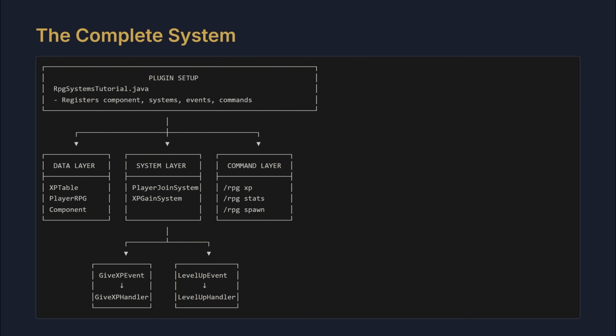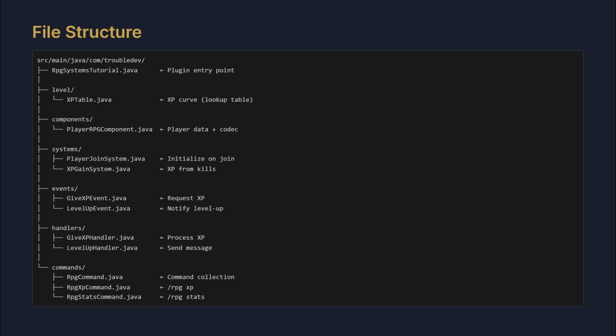We have our systems layer with the player join system and the XP gain system. We have our command layer with our command collection and the subcommands. And then we have our events, givexp event and level up event, which both have their handlers, like givexp handler and level up handler. So this should be the complete file structure you should have been going on inside your project right now.